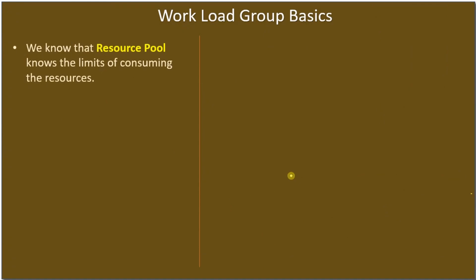We know that a resource pool knows the limits of consuming the resource. In our previous video, we created a resource pool with a minimum of 5% CPU and maximum of 20% CPU. The same way, we specified the memory in terms of percentage, 5% minimum, maximum 20%.